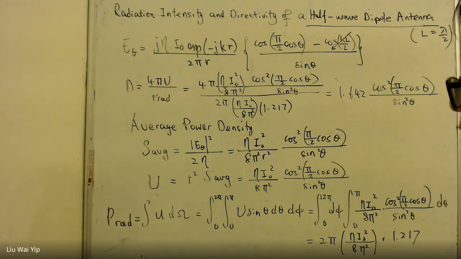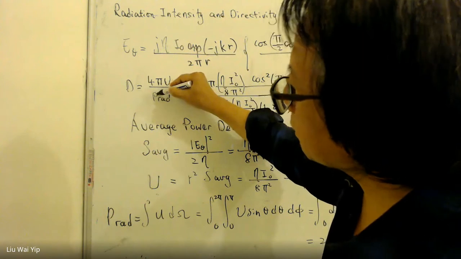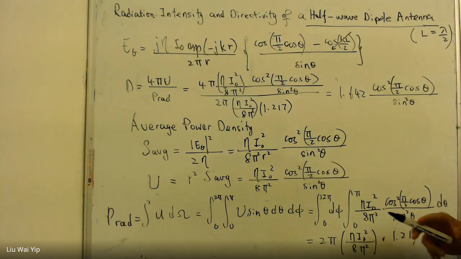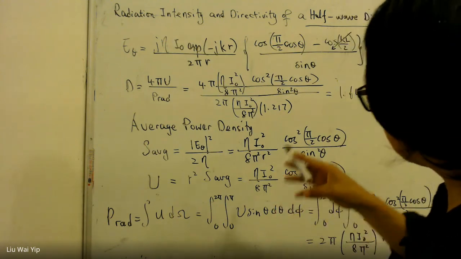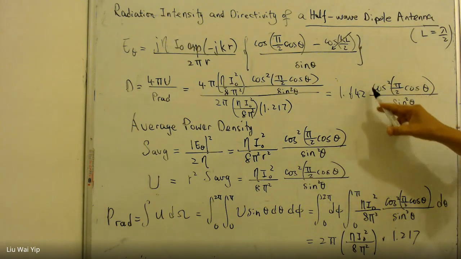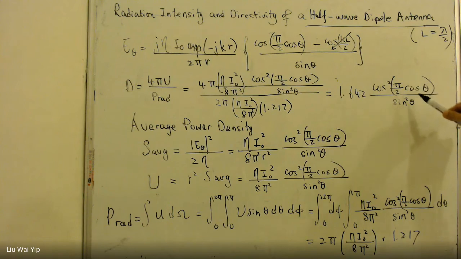And what is left here is the maximum directivity. We can calculate this. First of all, consider this factor. This factor is cosine square over sine square, something like this.